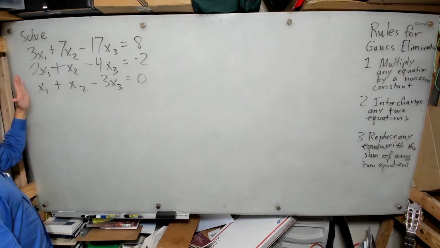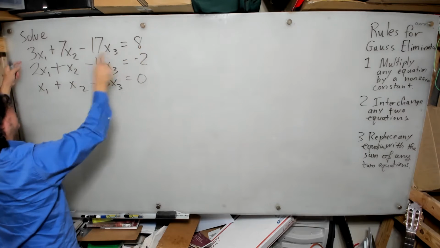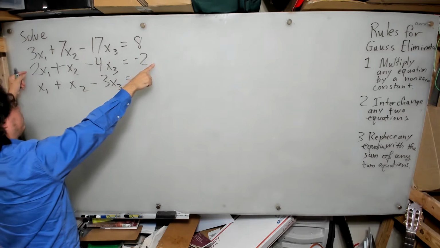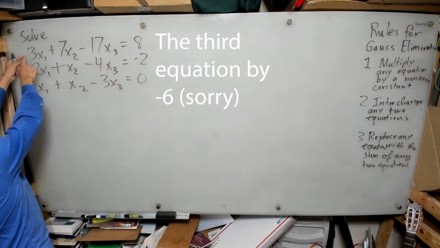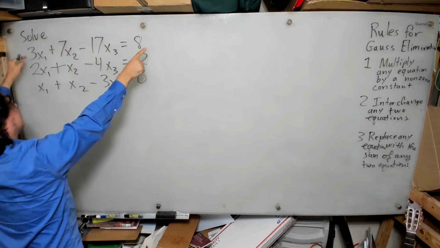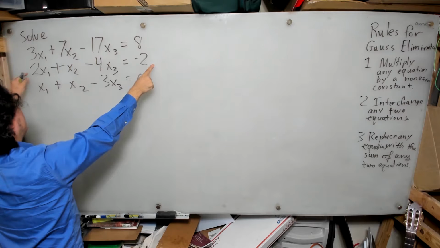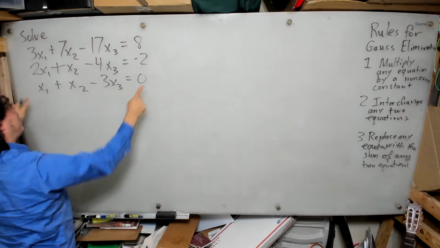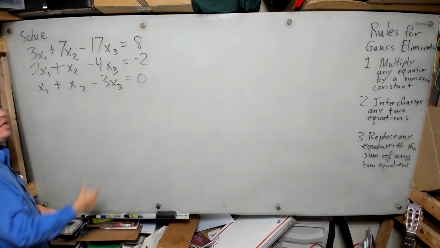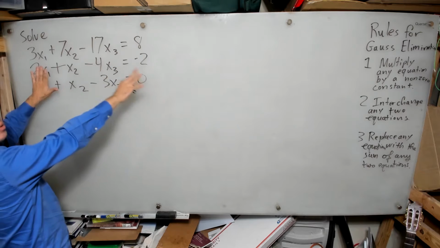If I multiply this first equation by 2, this second equation by negative 3, and this third equation by negative 3, then the consequent system will have a 6 as the coefficient for x1, a negative 6 for x1, and a negative 6 for x1 in the third equation. What that will permit us to do, in the next iteration of this process, is eliminate x1 from the two equations that are left over.